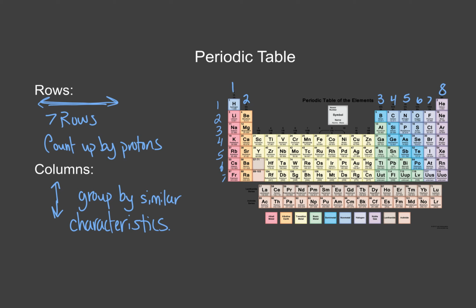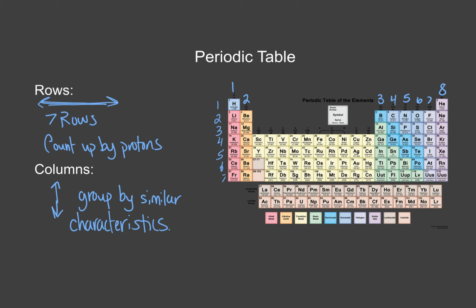For example, column 8 are the noble gases. They don't react with hardly anything because their outermost electron shell is full. Column 7 is only missing one electron from a full outer electron shell. And what's kind of neat about that is that column 1 only has one electron in their outermost shell.